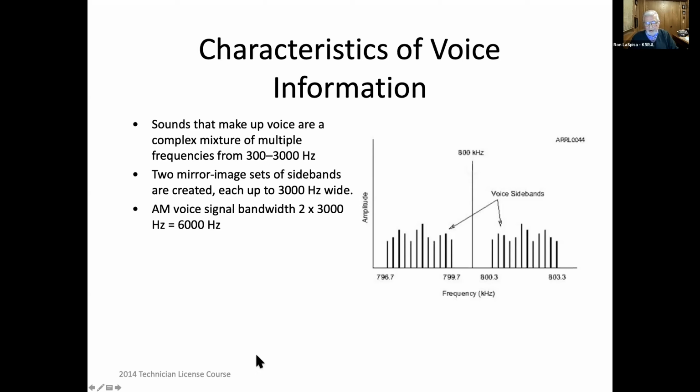And actually, sounds that make up voice are a very complicated mixture of multiple frequencies, anywhere from 300 to 3,000 hertz. Now, there's frequencies in music that are much higher than that, but amplitude modulation usually doesn't let that all pass.